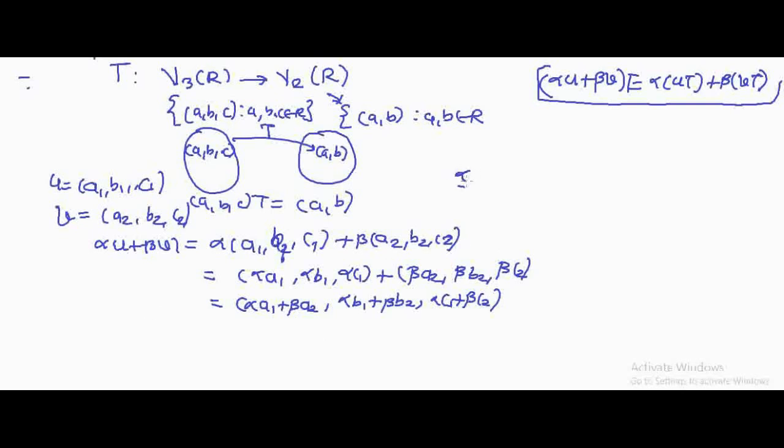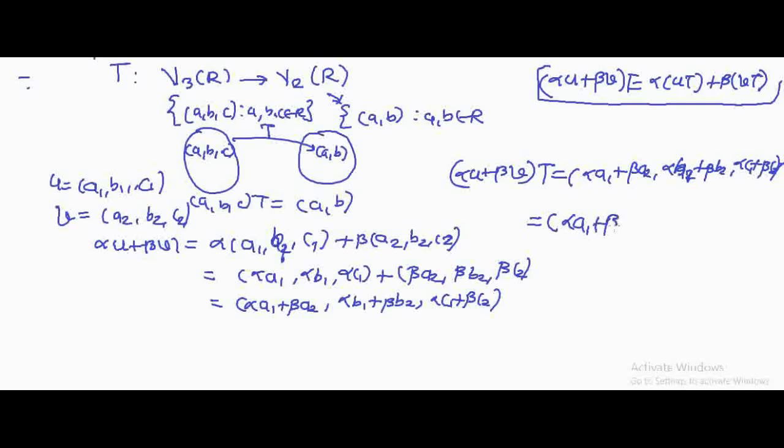So we have T of (alpha u plus beta v), that is T of (alpha a1 plus beta a2, alpha b1 plus beta b2, alpha c1 plus beta c2). Its image is an ordered pair: (alpha a1 plus beta a2, alpha b1 plus beta b2).